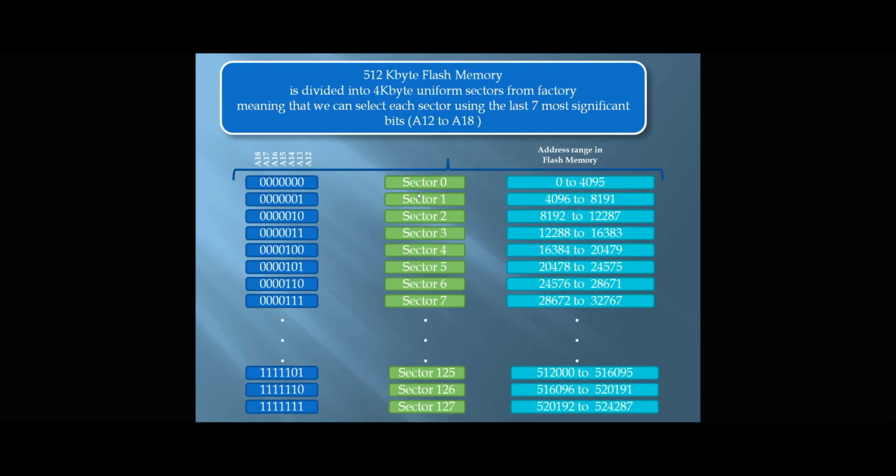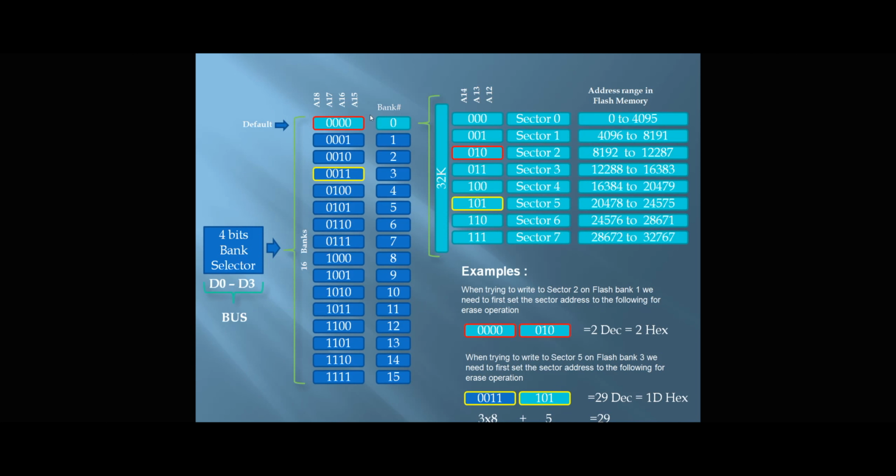However, because we have that division of the bank, we are left with 3 bits. We have to be kind of creative and do an AND so that we come up with an absolute value for the sector number.